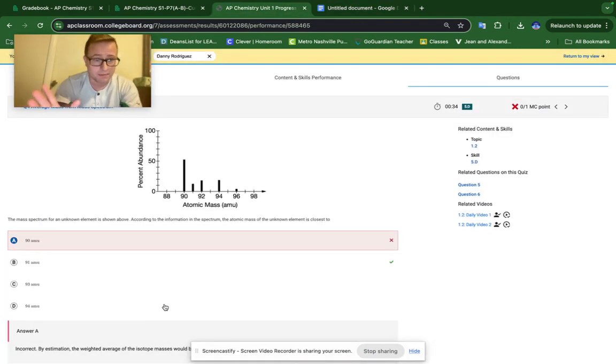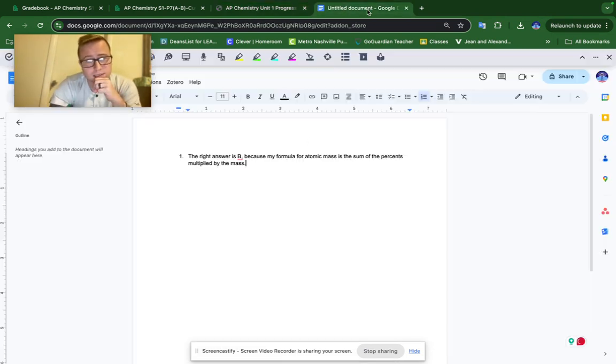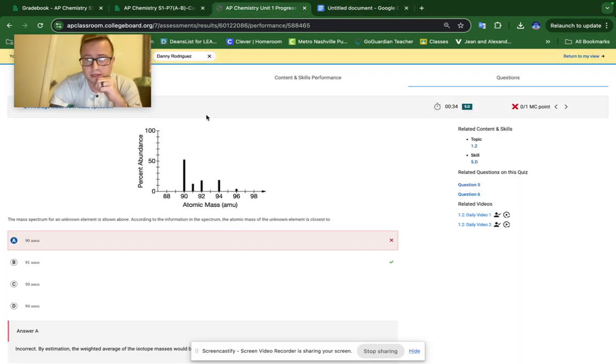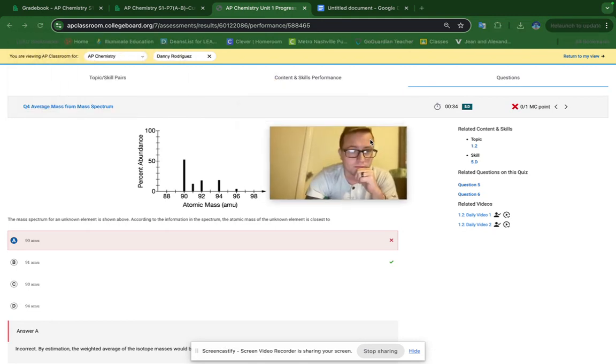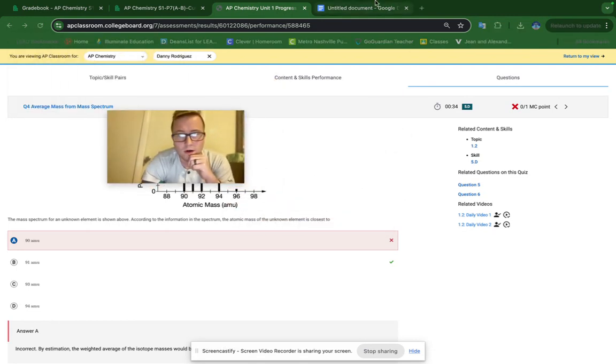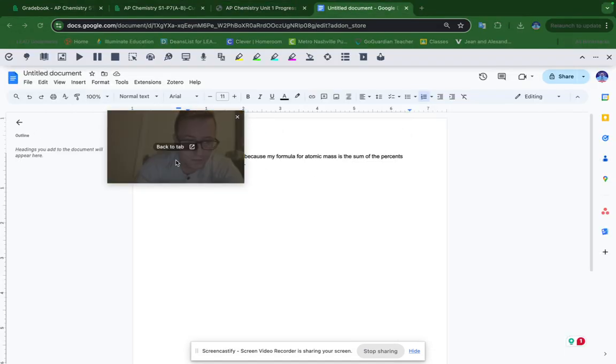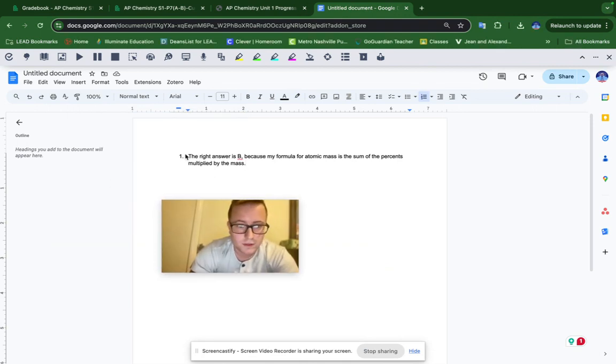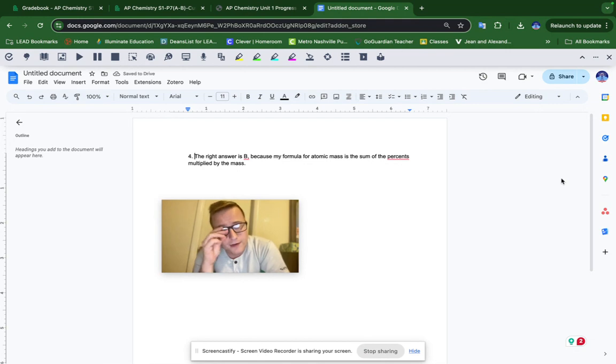I don't want you to copy and paste, put in your own words, but I read it and then I posted it on the Google Docs. He's going to go through every one of these. This was question 4. So make sure you have your question numbers here so I know what to look at. Question 4, he has the right answer, and he's going to go through and do all of those questions.